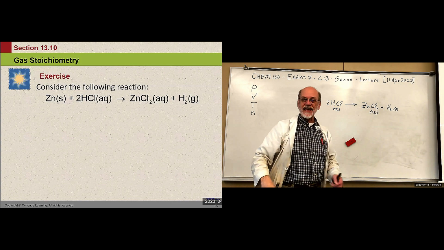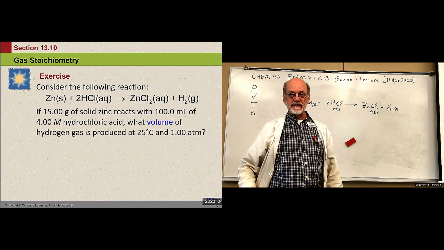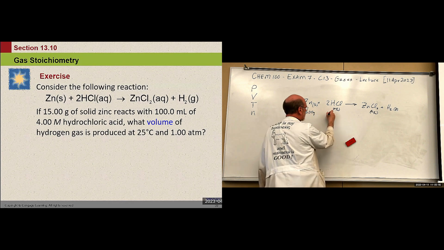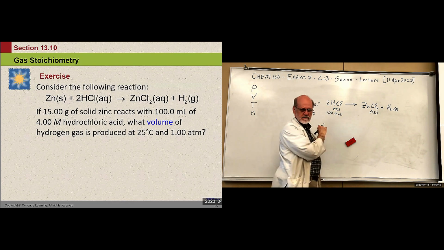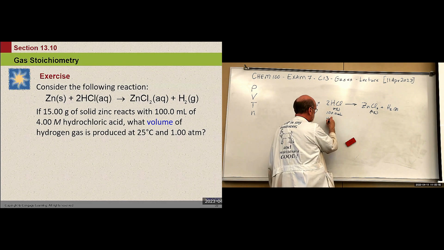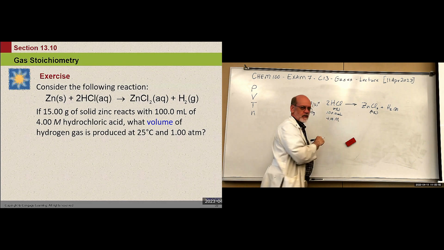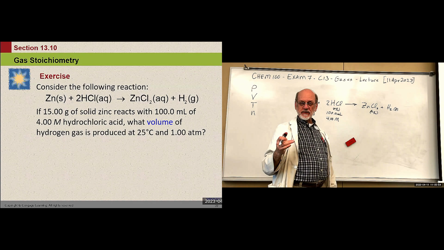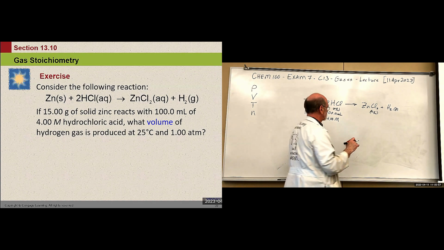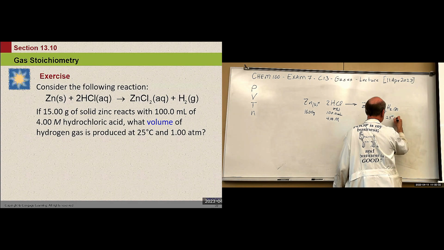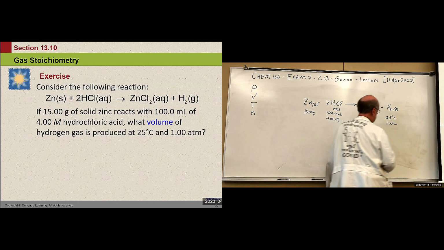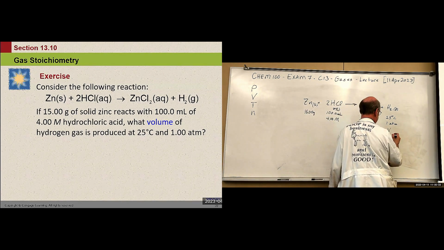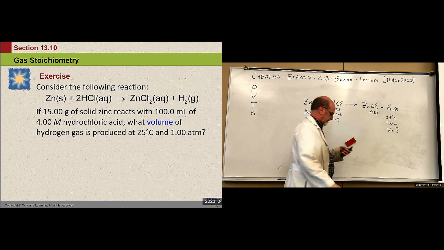So we're going to capture the gas. 15 grams of zinc and 100 milliliters of 4 molar hydrochloric acid react. What volume of hydrogen gas is produced at 25 degrees C and 1 atmosphere? And we want to know the volume.